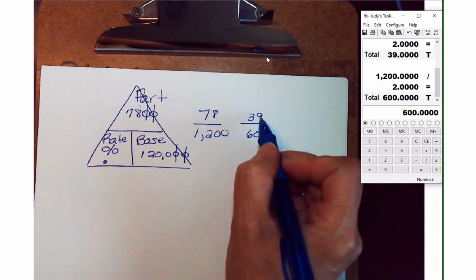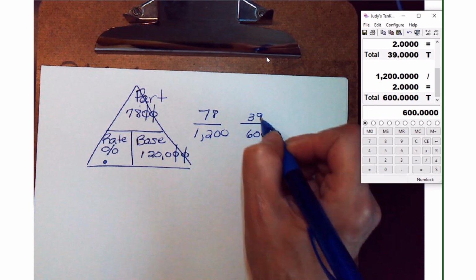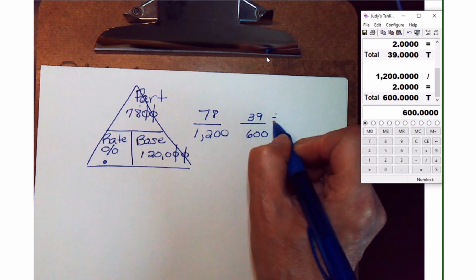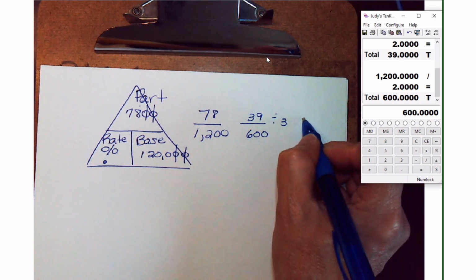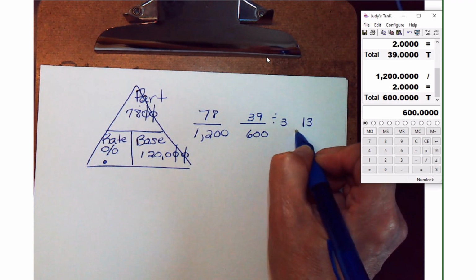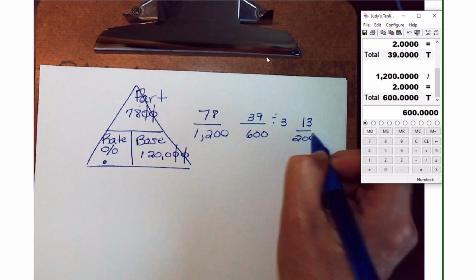Okay, now I can take another number. I know 3 goes into both of those, so I'm going to divide both by 3. 39 divided by 3 is 13, and 600 divided by 3 is 200.